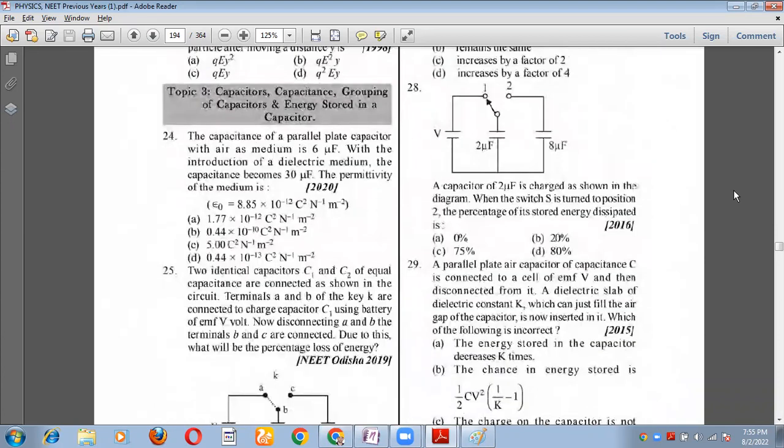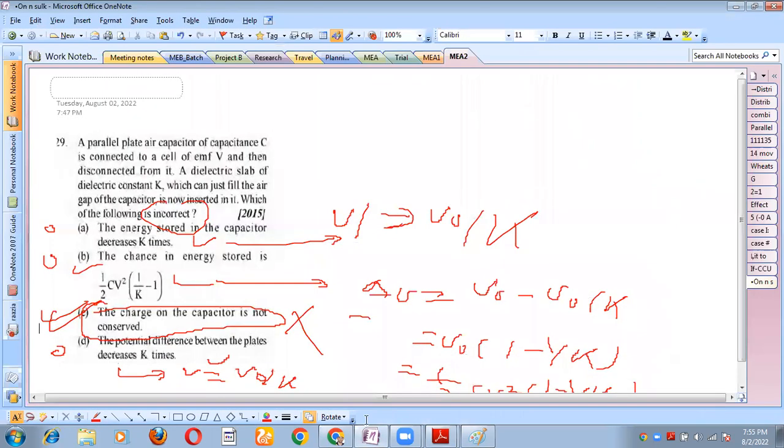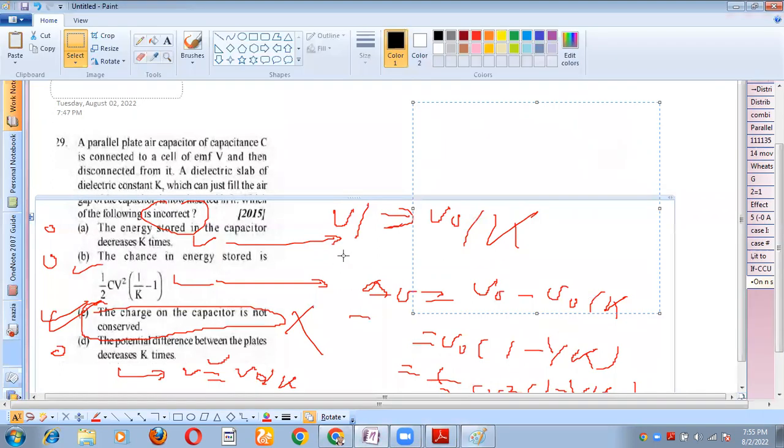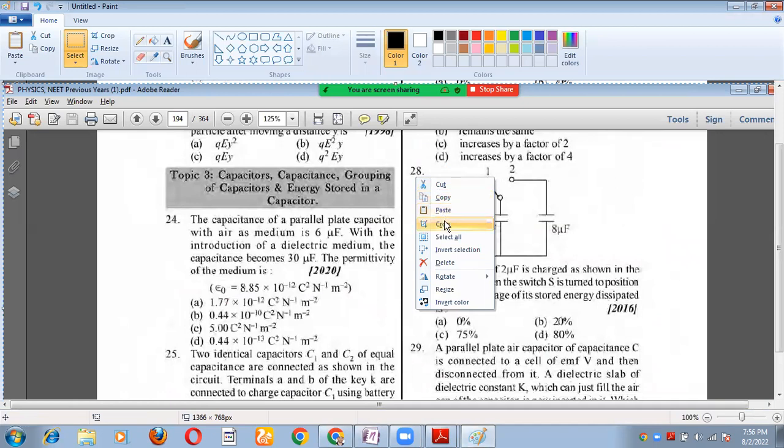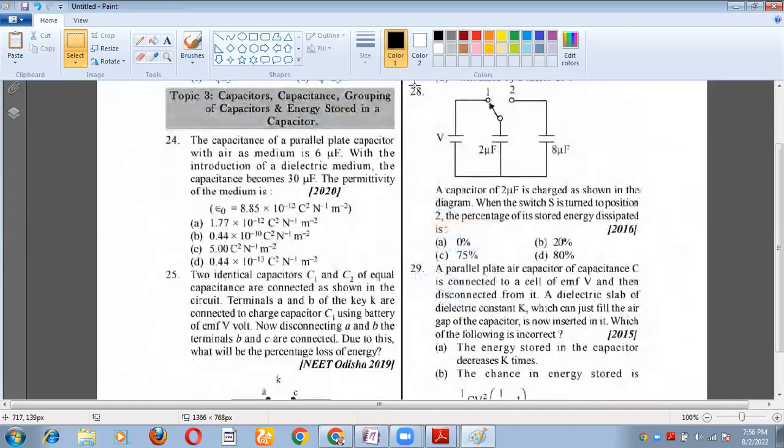Question number 28, go through question number 28. This is NEET 2016 question.